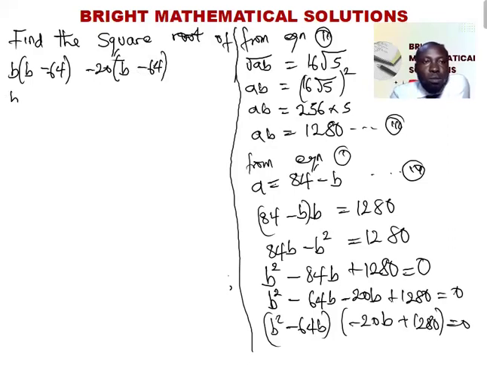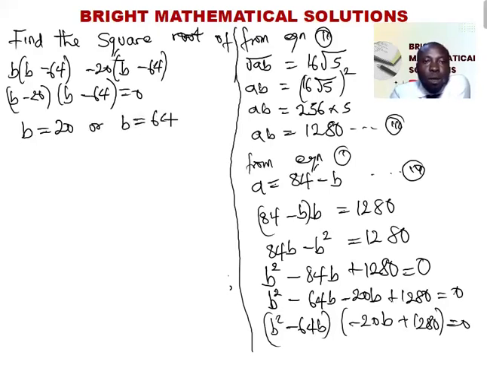So B minus 20 and B minus 64 equals 0. So B equals 20 or B equals 64.